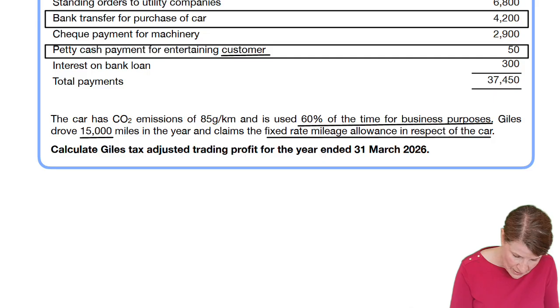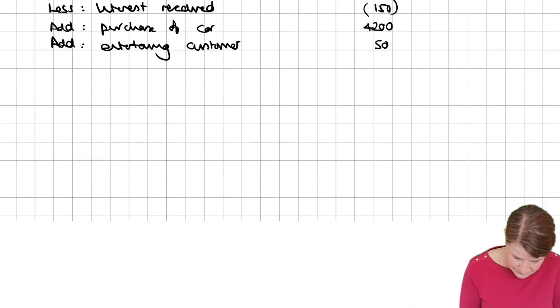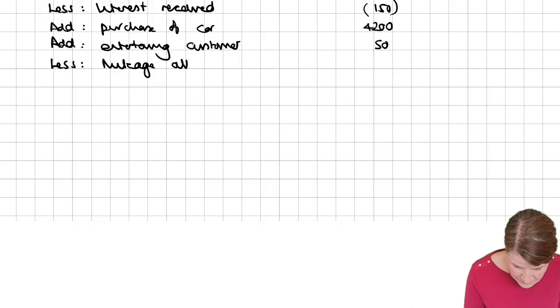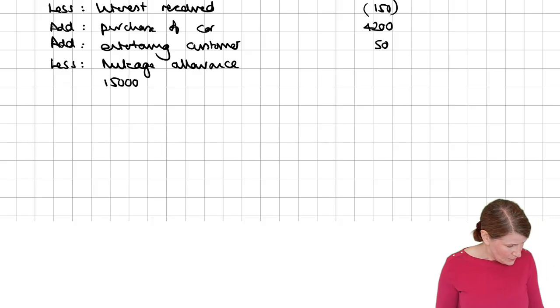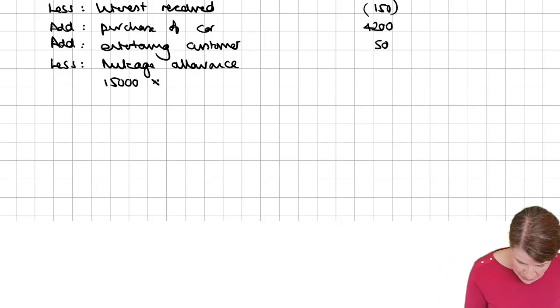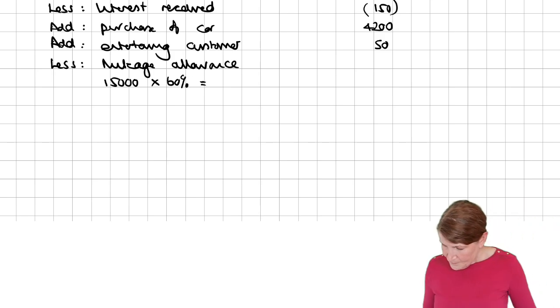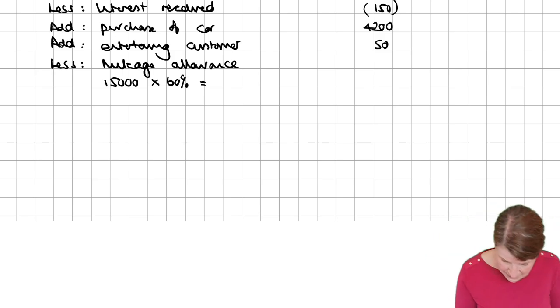But the fixed rate mileage allowance replaces everything else. So our fixed rate mileage allowance, and he's done 15,000 miles. 60% of it was for business purposes, and that works out to be 9,000.